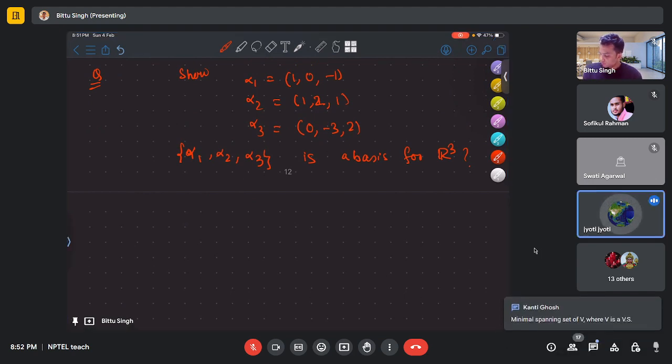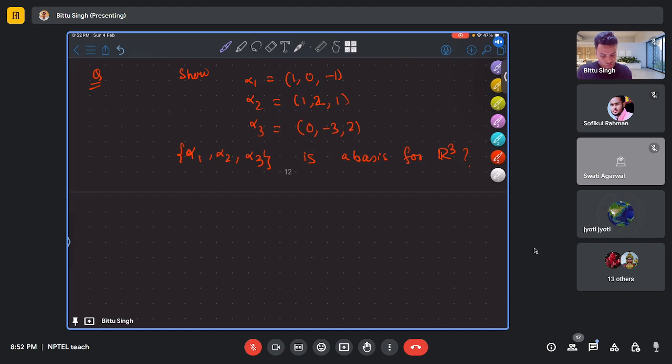Firstly, we check linear independence, by the basic definition or by the determinant of a matrix. Another is the spanning set, so we can take an arbitrary element from R3, like the 3-tuple (x, y, z), and try to write it in the form C1 alpha 1 plus C2 alpha 2 plus C3 alpha 3, where Ci belongs to R, the field.